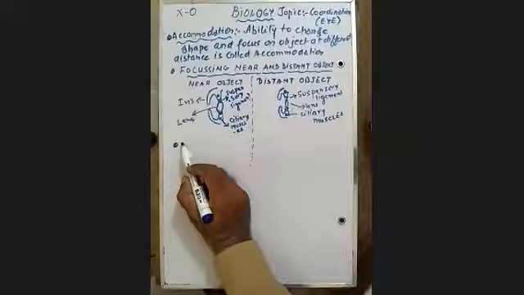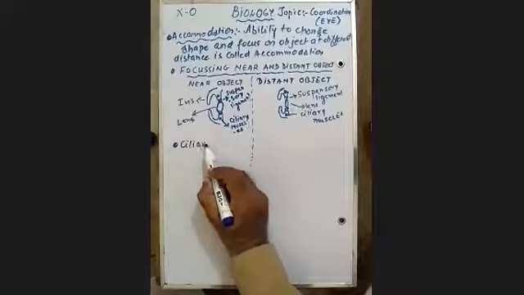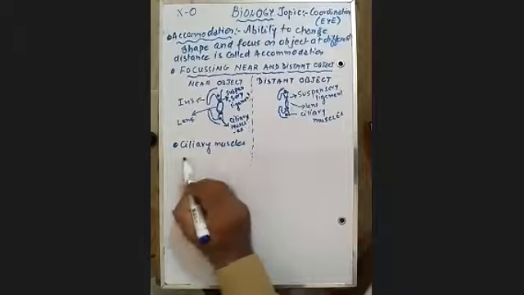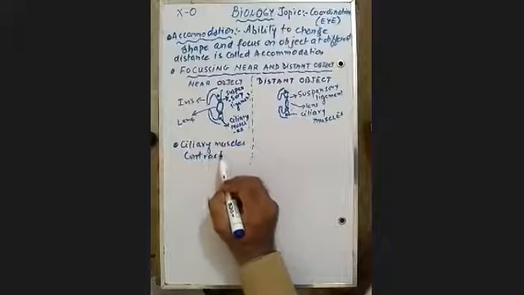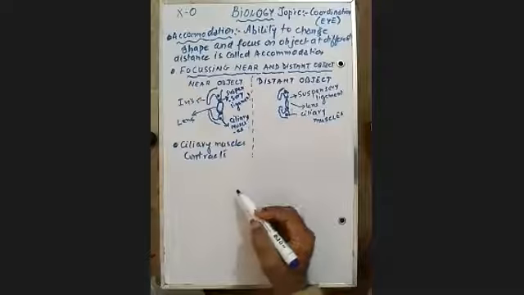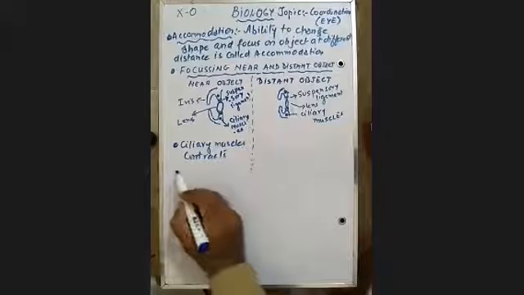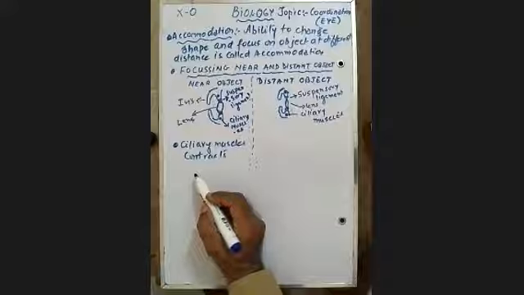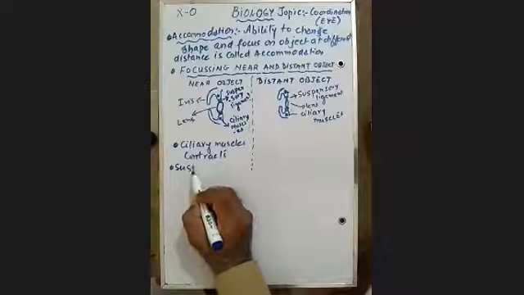Ciliary muscles contract for viewing a near object. It's better to note all the points for the near object. First the ciliary muscle contracts, then what happens? The suspensory ligament relaxes.